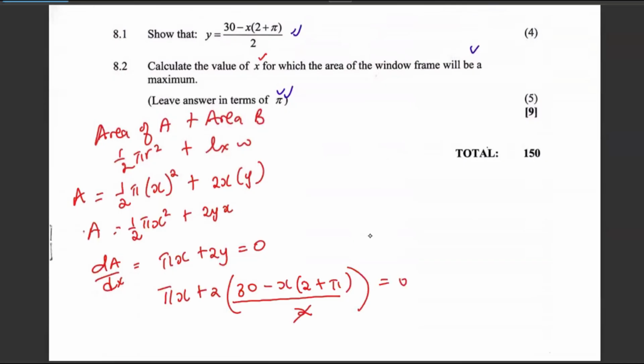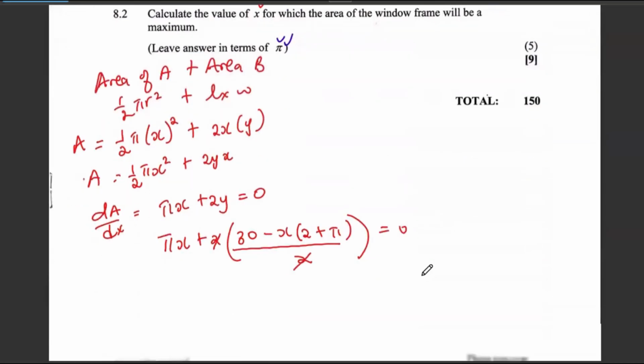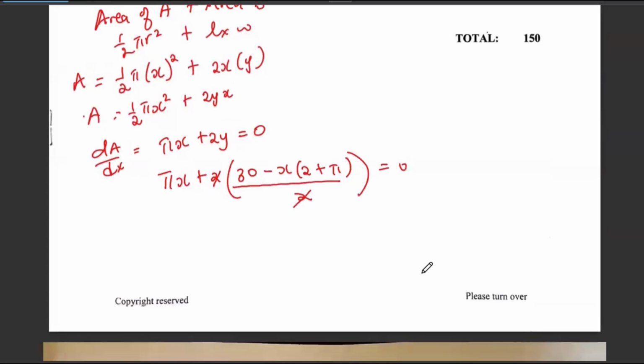So this is going to cancel that. If I try to open this up, I'll have pi x plus 30 minus 2x minus pi x is 0.